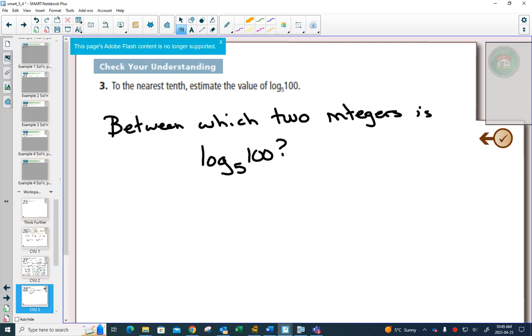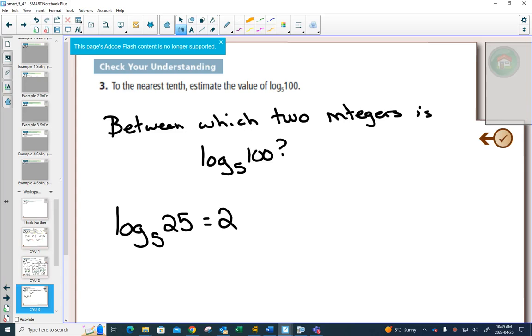So the way that we would figure this out is we would use our powers chart. From your powers chart, you know that log 5 of 25 would be 2, because this is basically 5 squared equals 25.